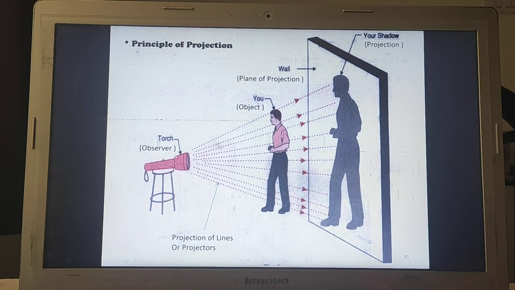Once we start this torch, it will have light rays, and because of this object we will get a shadow of this object on this wall, isn't it? This shadow is the projection, and we are interested in this projection only. So whatever we are going to draw, we will draw these projections.